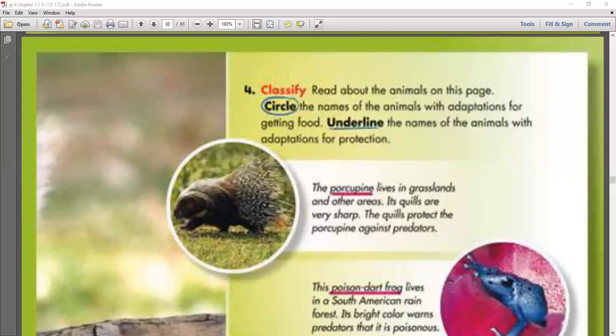Its bright color warns the predators that it is poisonous. Yes, excellent. So this animal can make a poison that helps to protect it. Good job. This animal is called the poison dart frog.